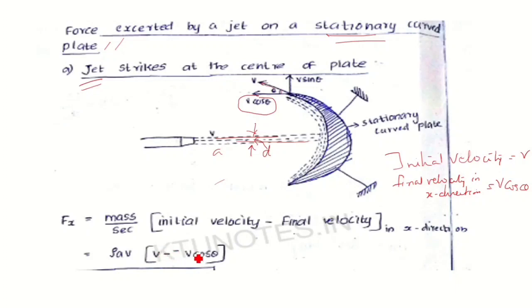minus v cos theta. Why is there a minus sign? Because it is moving in the opposite direction. After striking the plate, the jet is moving in the opposite direction, so it is taken as negative. So v minus v cos theta.